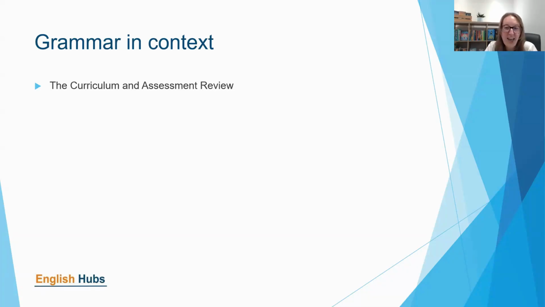So nothing has changed yet and nothing will change at the moment until we are given the new revised curriculum. So we still need to stick with the curriculum that we're currently teaching. Prioritising the teaching of grammar that helps pupils to master written sentences to convey meaning should be the focus in supporting children's writing development.